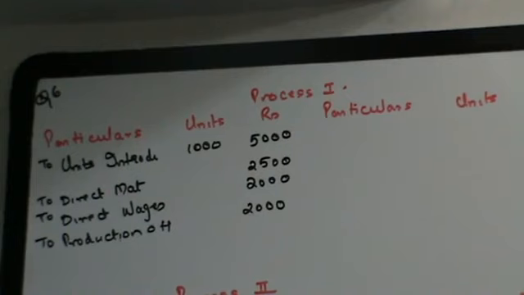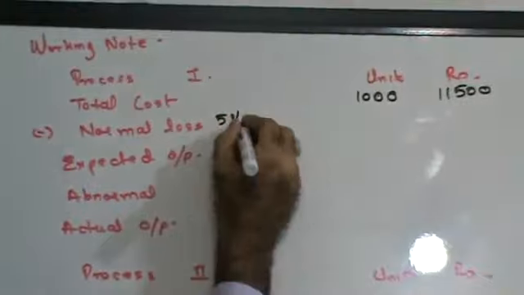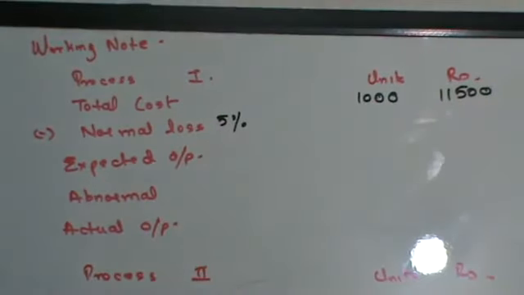Now, let's see the sum. They've given you process 1, percentage of normal loss to input. If you read the sum below that, they've given you that normal loss is 5%. You calculate 5% on the number of units.